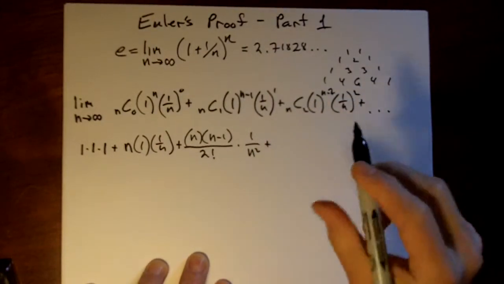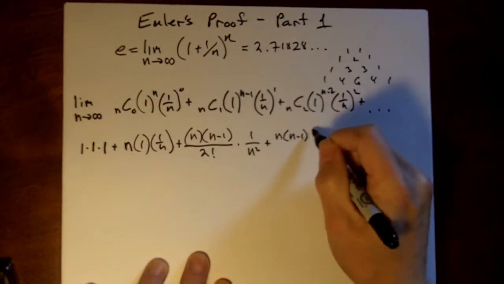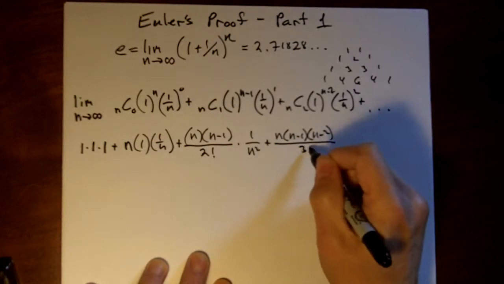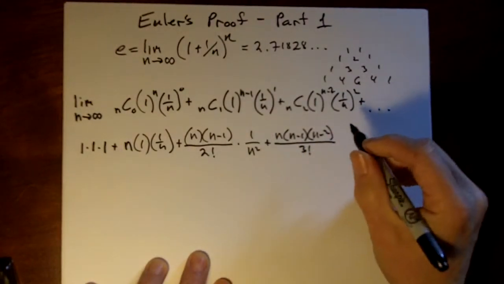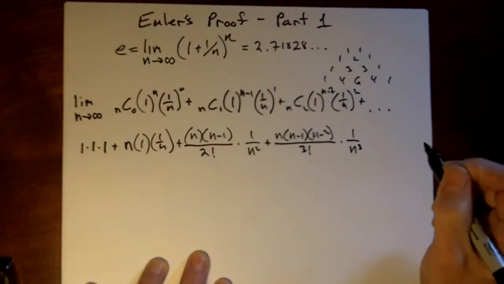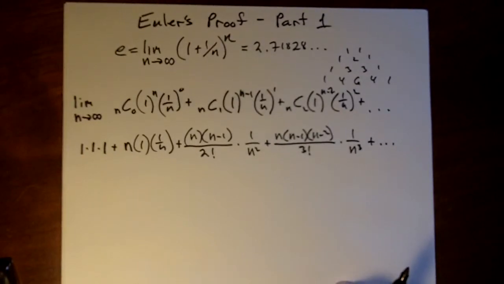The next term would be n times (n minus 1) times (n minus 2) over 3 factorial, times 1 over n cubed, and so on. I guess that's all we're going to fit there, on to infinity.